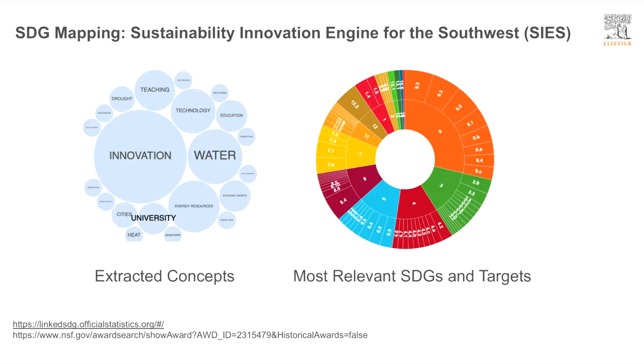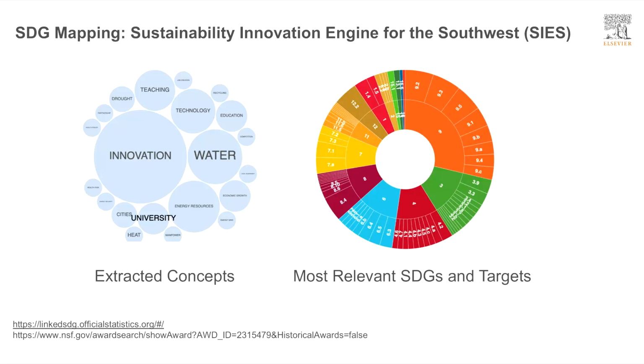The right-hand graphic shows you the SDG color-coded representation of where the impact could be expected, both in terms of the SDGs and then the subheadings. There are targets and there are indicators that let you have more granularity on the kinds of contributions the project might make.